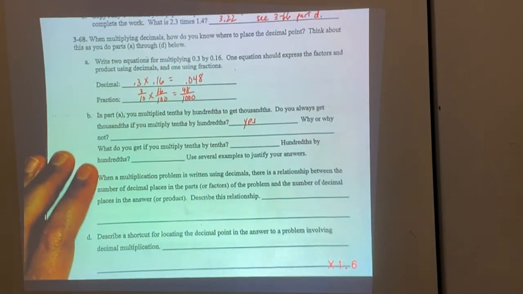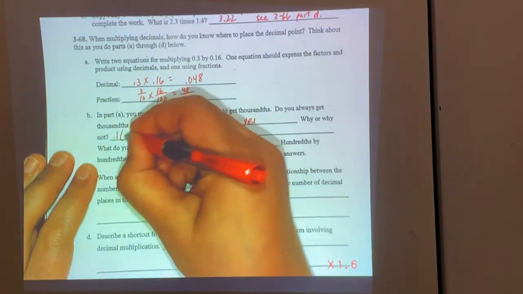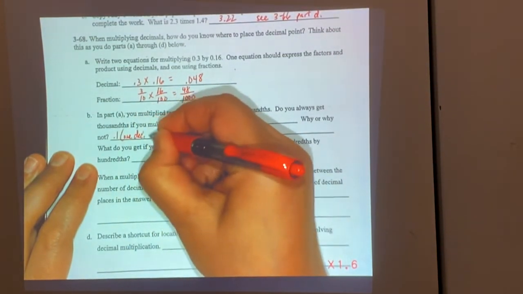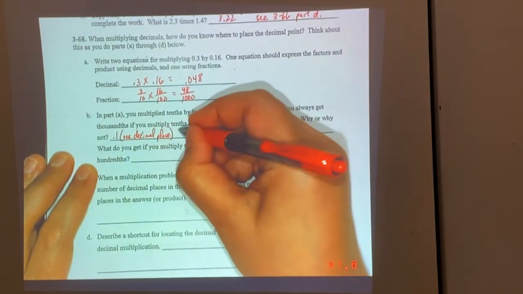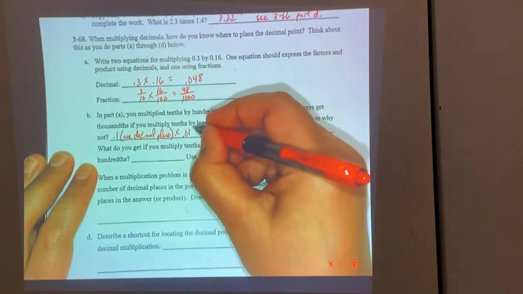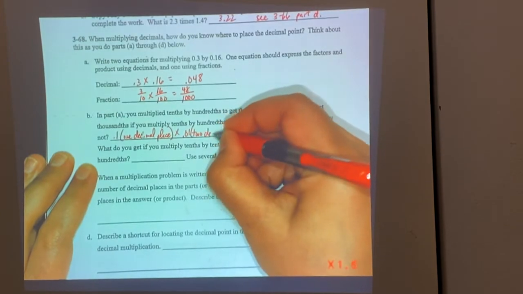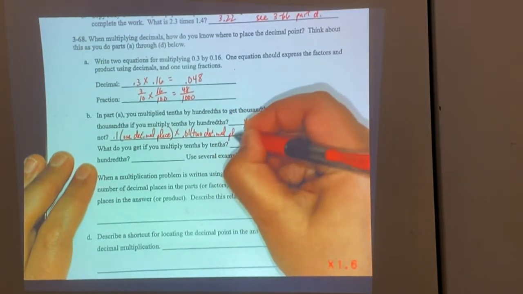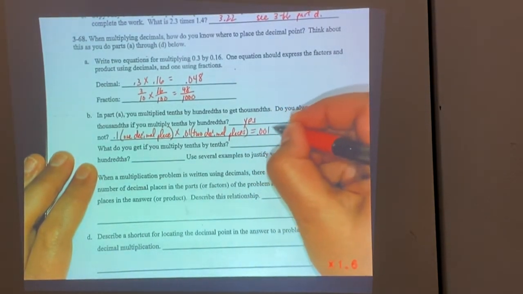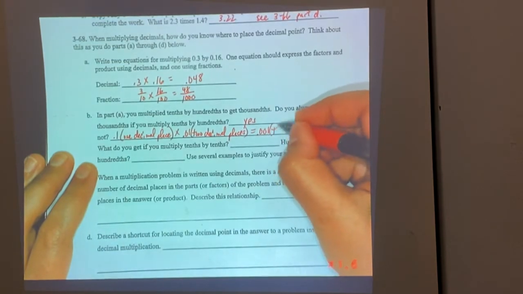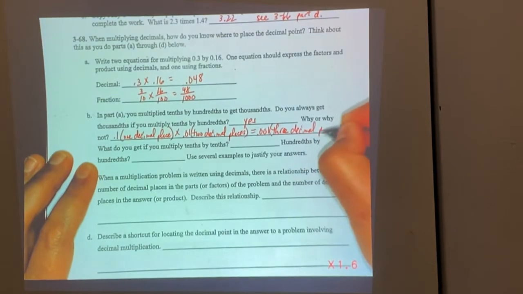Why or why not? So, 0.1, which is 1 decimal place, times 0.01, hundredths, which is 2 decimal places, equals 0.001, which is 3 decimal places.